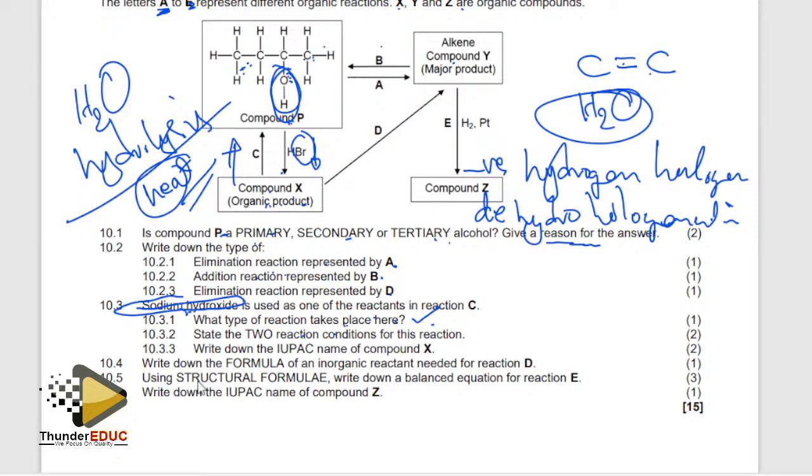Write down the formula of the organic reactant needed for reaction D. What is reaction D? They're saying write down the IUPAC name of the organic compound at D. So you have this, and you form this. How will I know the number of carbon atoms?